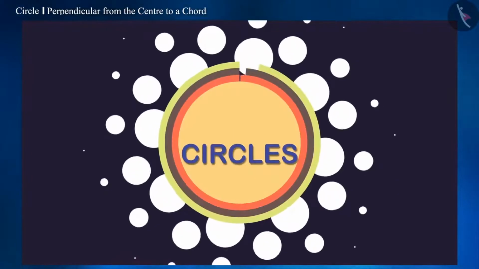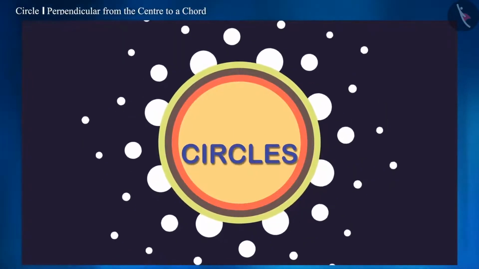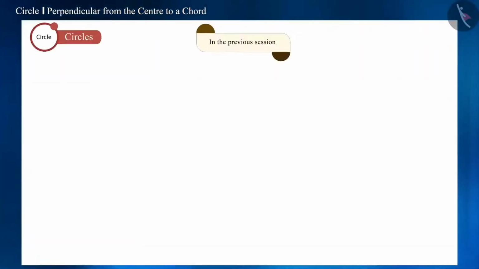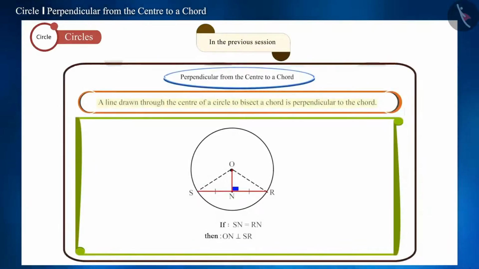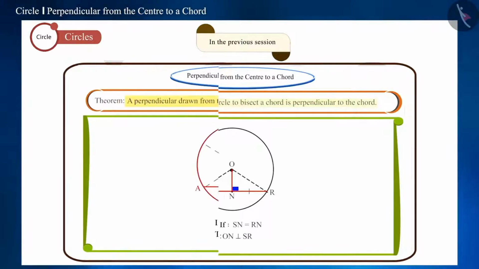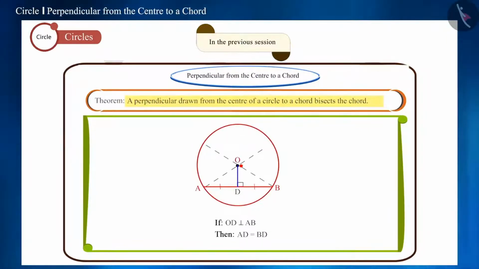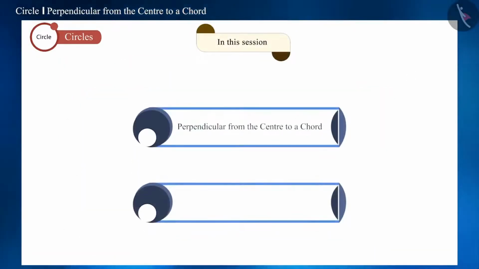Hello friends, welcome to this video on circles. In the previous video, we studied about the perpendicular from the center of a circle to a chord. Today, we will discuss a multiple choice question based on it.